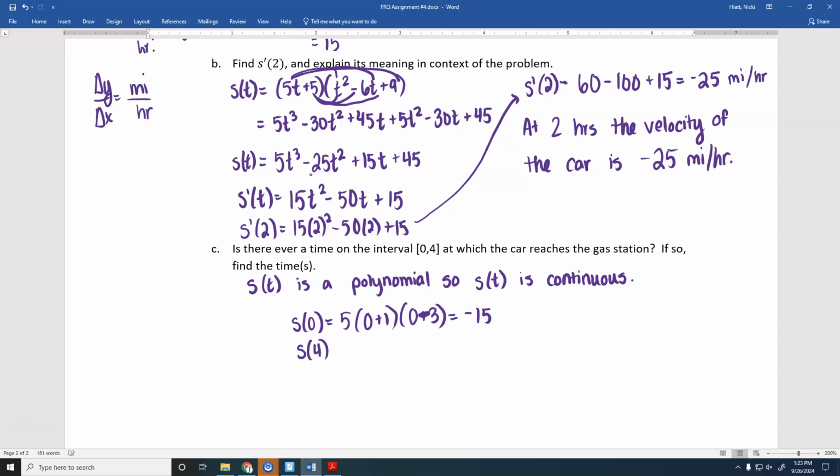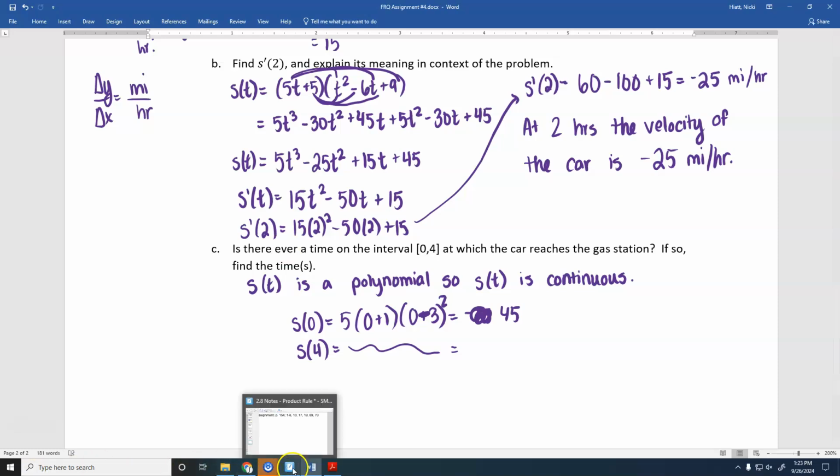S of 4 is going to be, I'm really running out of time. Oh, it is squared, which makes it positive, which gives me a different number. What do you get there? 45. And then you're going to plug in 4. What do we get on 4?